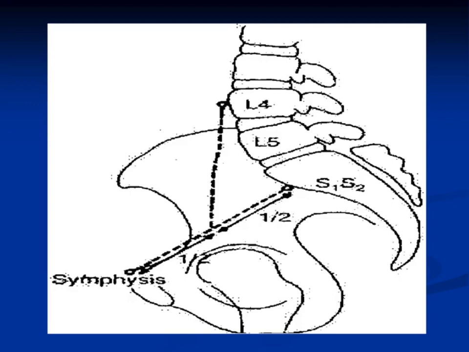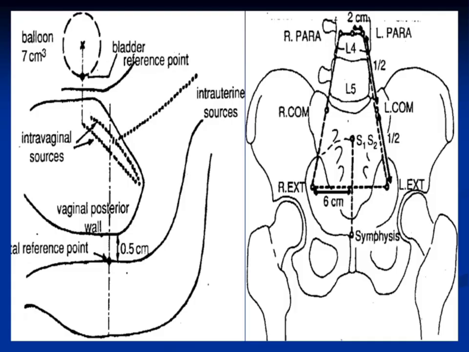The bladder reference point is found on the intravaginal sources, at the posterior vaginal wall. The rectal reference point is 0.5 centimeter behind the posterior vaginal wall, which can be confirmed by putting in a barium-impregnated gauze piece against the posterior vaginal wall, so that you can measure the dose at 0.5 centimeter, the rectal reference point.